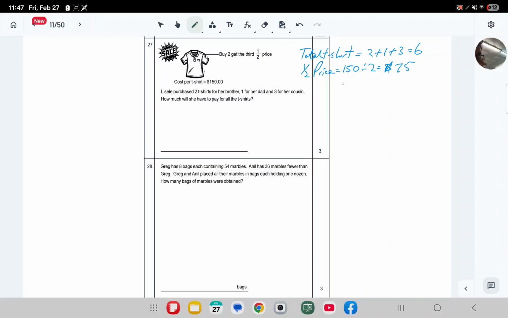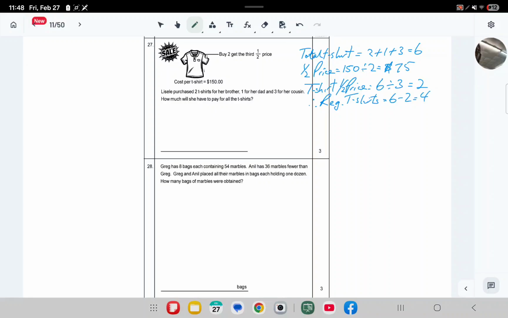Now from the total here, we want to find out the number of t-shirts she is paying half price for. So from the total, which is 6, you divide by 3 and you'll get 2. So out of the 6, 2 she's getting half price. Therefore we know that the regular t-shirts will be 6 take away 2, which is 4.